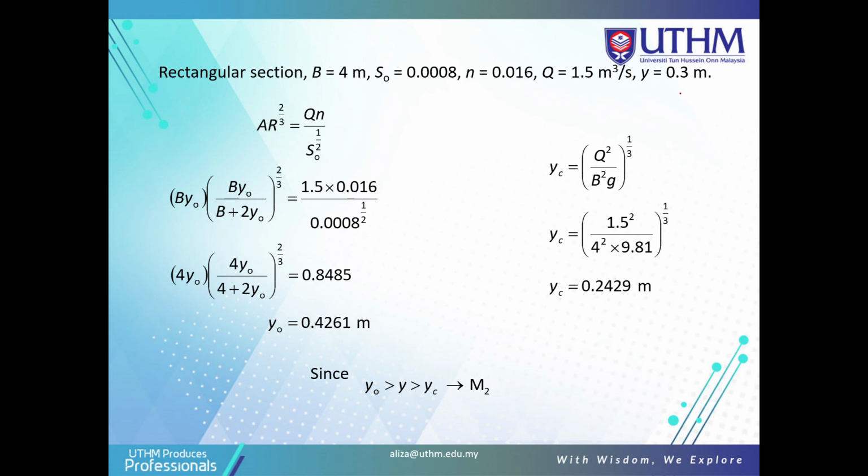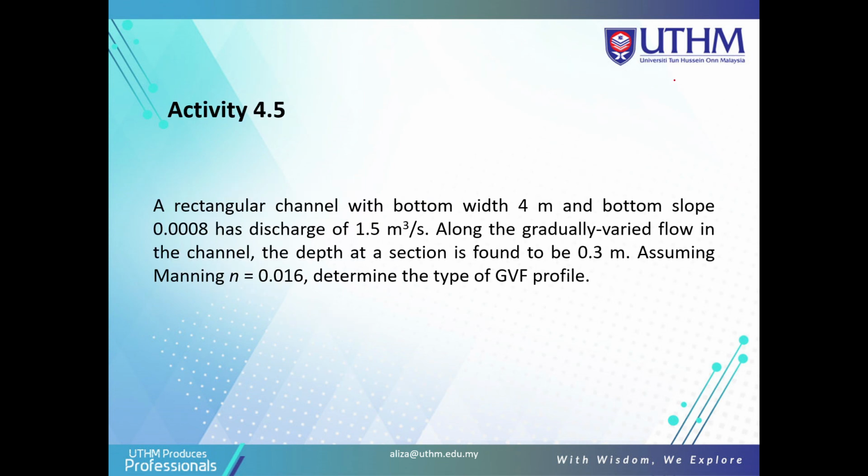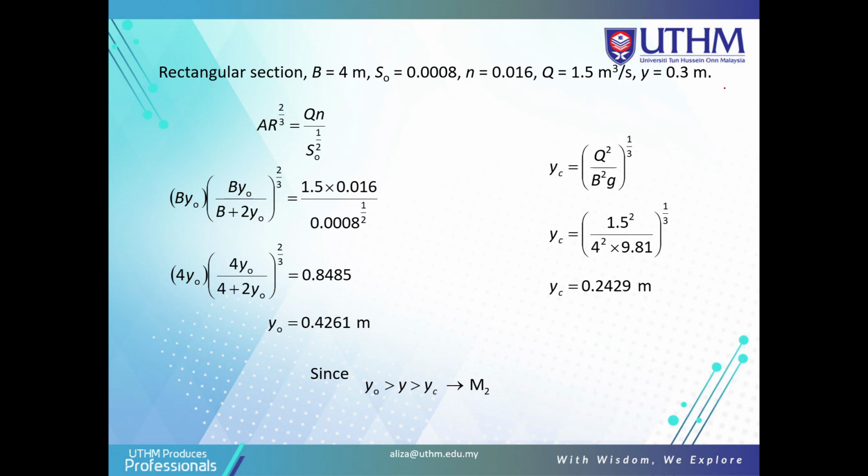So you must find Y naught first, because they give you the depth of the section. Along the gradually varied flow in the channel, the depth at a section is found to be 0.3 meters, so they give you Y here.